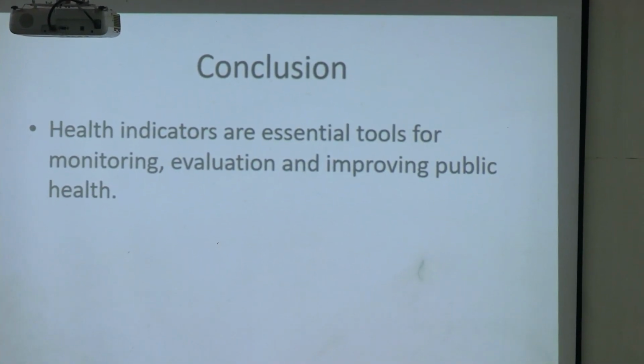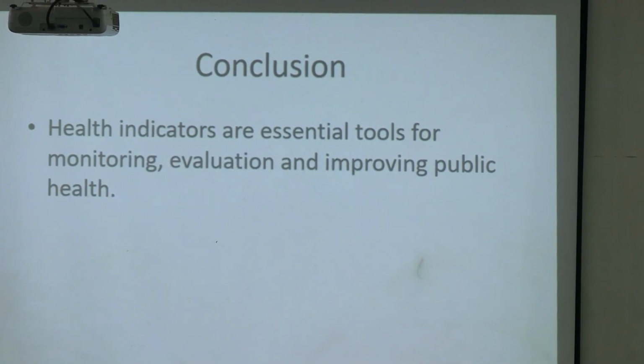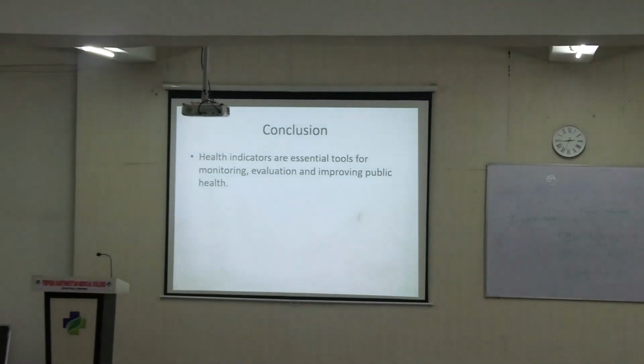I'm telling again and again, everybody write down. Environmental indicators: safe drinking water, sanitation, and the third one is air pollution.